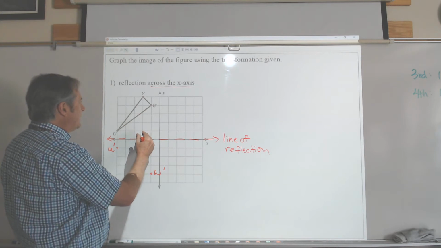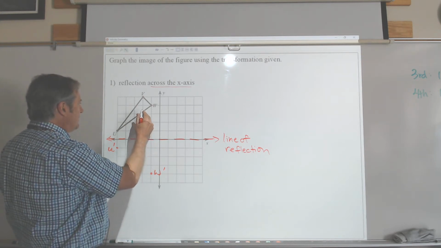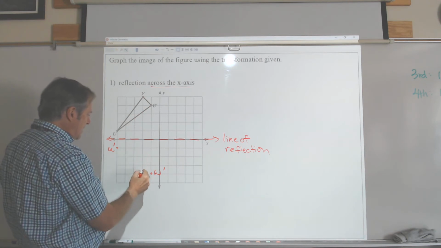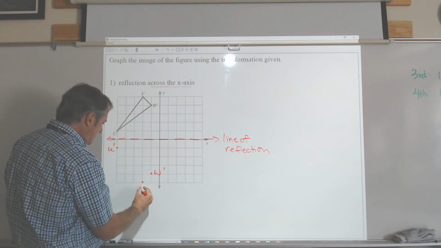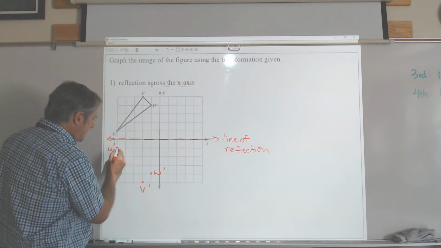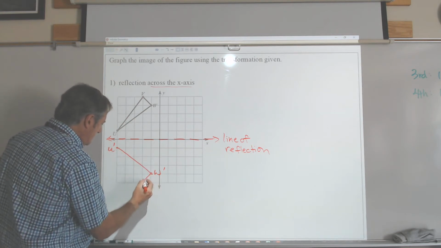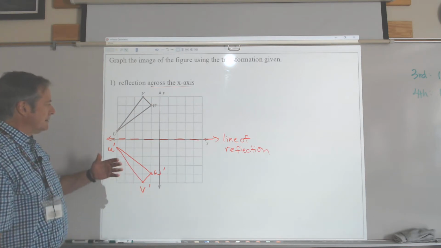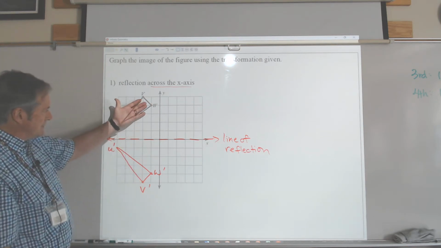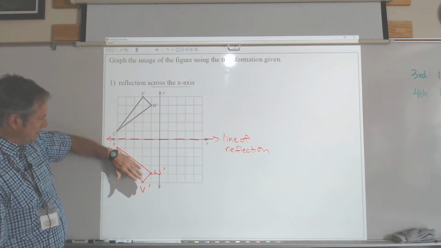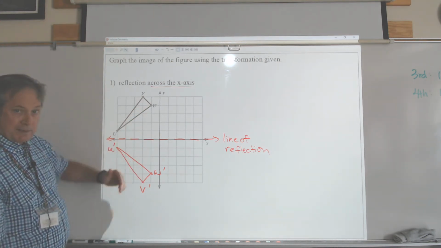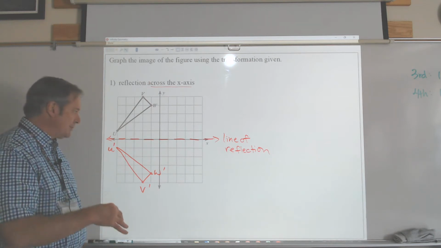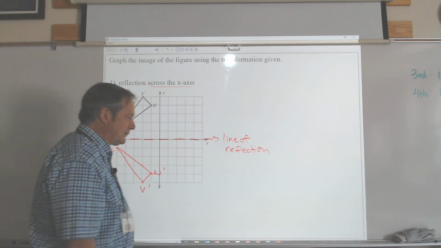And point V is 1, 2, 3, 4, 5 above, so V prime will be 1, 2, 3, 4, 5 below. And then you draw your triangle. And it makes sense, doesn't it? You can sort of picture in your mind, if you were to flip that thing over, boom, it's going to land right there. It's flipped. That's another word we use for a reflection, a flip over the x-axis.